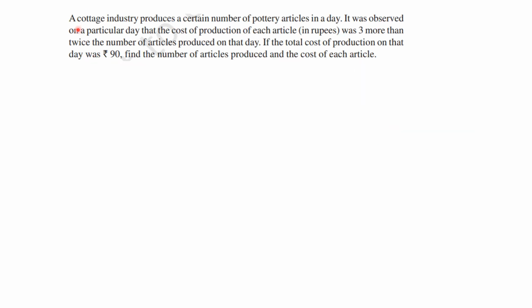A cottage industry produces a certain number of pottery articles in a day. It was observed on a particular day that the cost of production of each article in rupees was 3 more than twice the number of articles produced on the day. If the total cost of production on the day was 90, find the number of articles produced and the cost of each article.